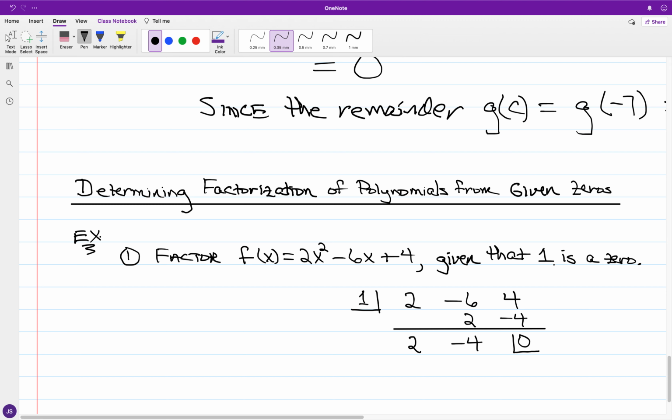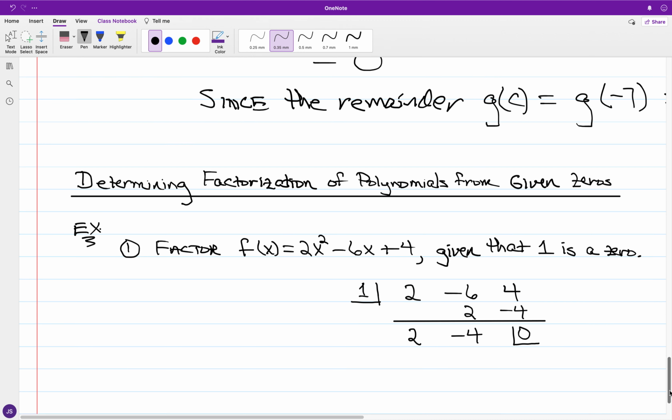And let me mention, if 1 or whatever value is given as a 0 of the polynomial, and I run through synthetic division, I want the remainder after the synthetic division to be 0. If it is not, say if I had any value other than 0 for the remainder, this would signify that 1 is not exactly a 0 of this particular polynomial. But with the remainder at 0, 1 is officially a 0.